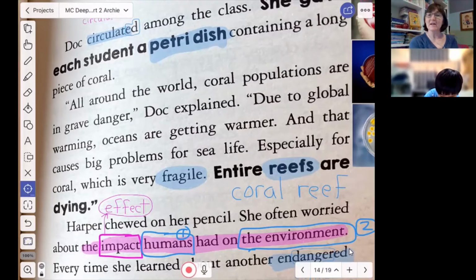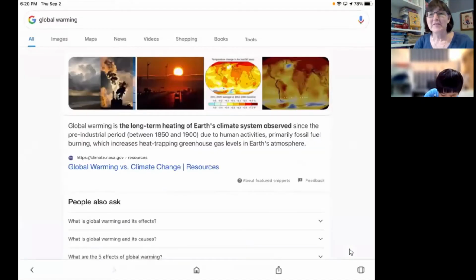When we say global warming, we are talking about the whole world. Global means the whole world. So if we look at what Google says about global warming, it says it is the long-term heating of Earth's climate system observed since the pre-industrial period.